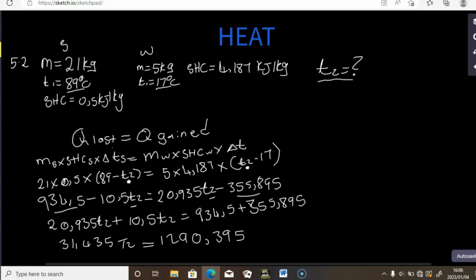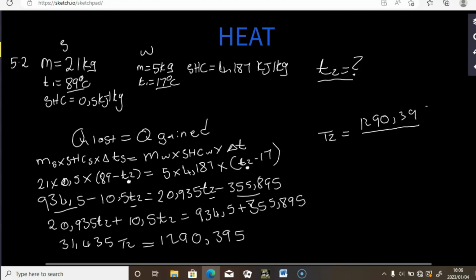So what we have to do now is divide both sides by 31.435, which will give us our T2 as 1290.395 divided by 31.435.